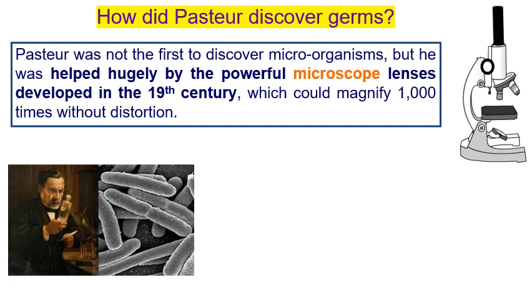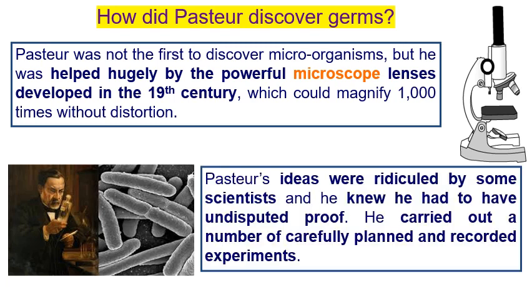And it's only the development in technology in the 19th century that allowed him to do such things. He was ridiculed by people because of this, and so he repeated the experiments over and over and over, did them in a very scientific, methodical way, wrote up his theories, his process, until it was undeniably true that bacteria was in liquids and air.